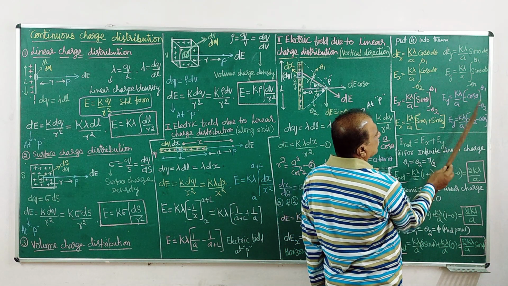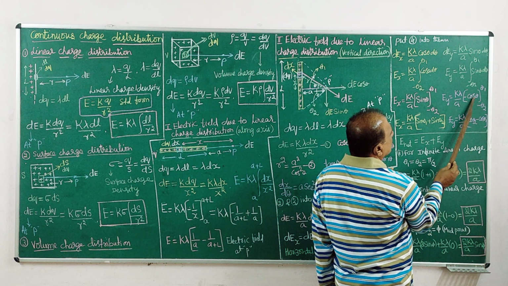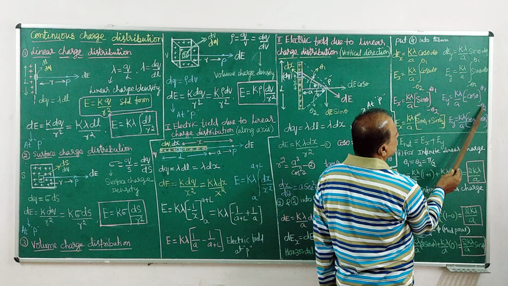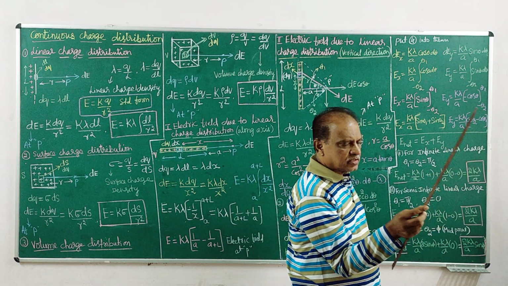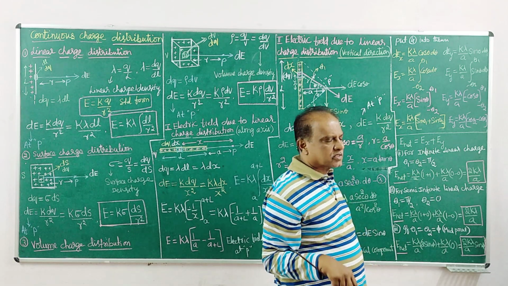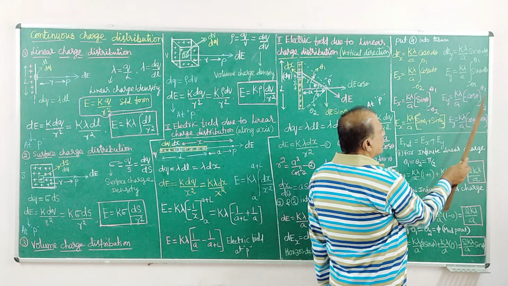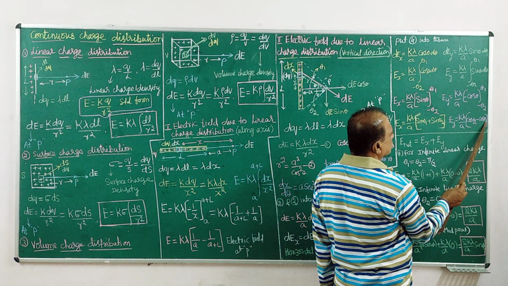That is cos theta 2 minus cos theta 1. Here, when you substitute cos of minus theta 2, we know cos of minus theta is cos theta only. Cos of minus theta is plus cos theta. Use that formula and apply. With limits, we get cos theta 2 minus cos theta 1.